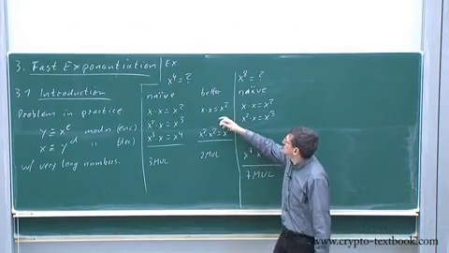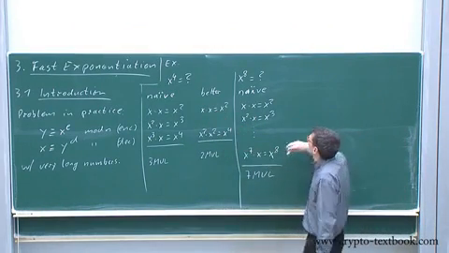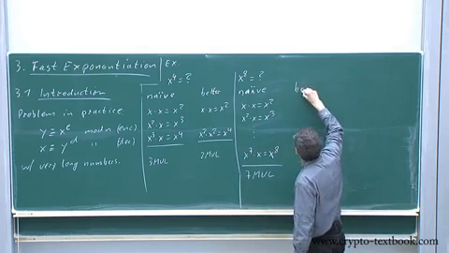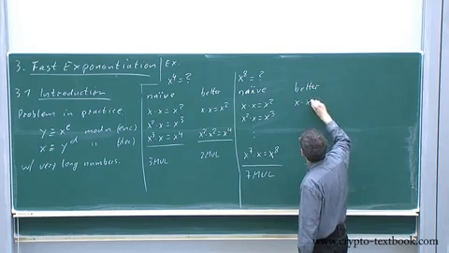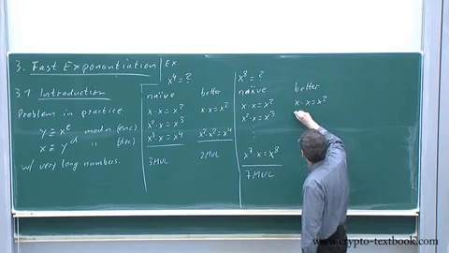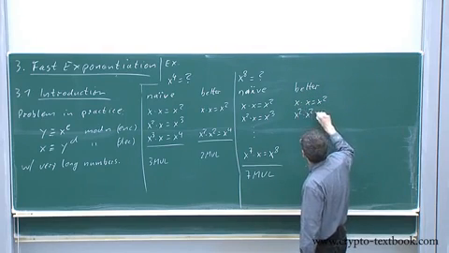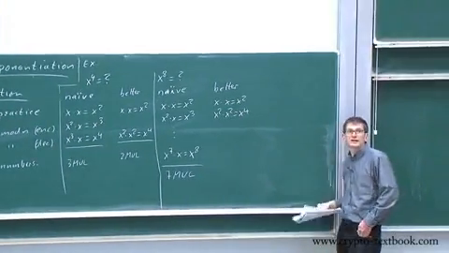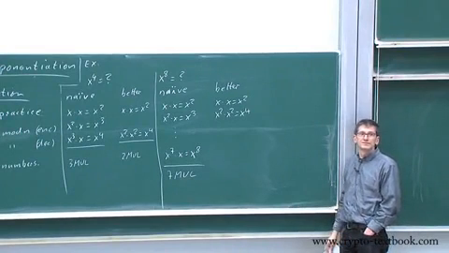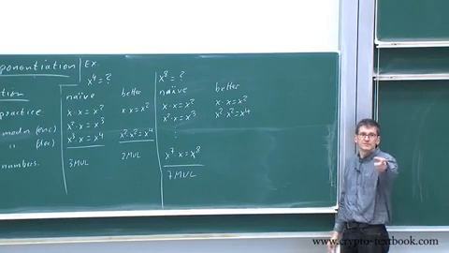And then we had this really cool trick here, right? Instead of multiplying by x again, we multiply by x squared. Let's see how that works in this case. We do x times x is x squared. X squared times x squared is x to the 4th. What should we do next?